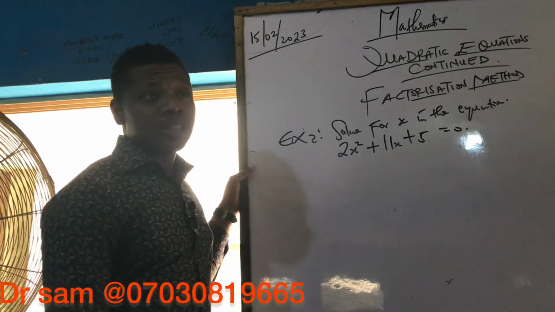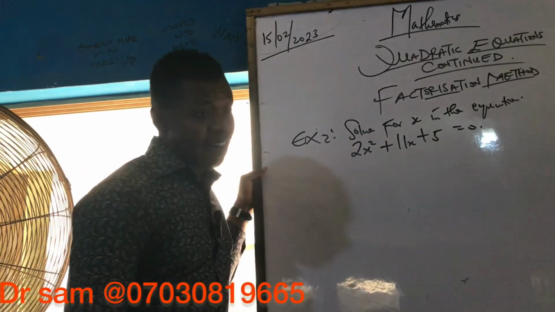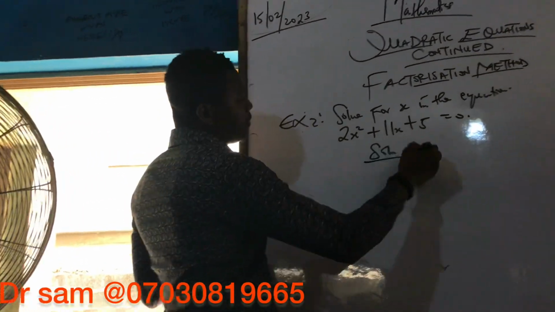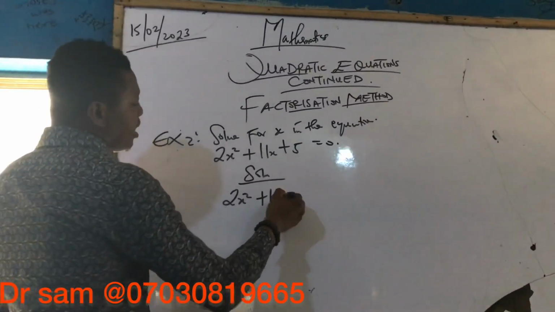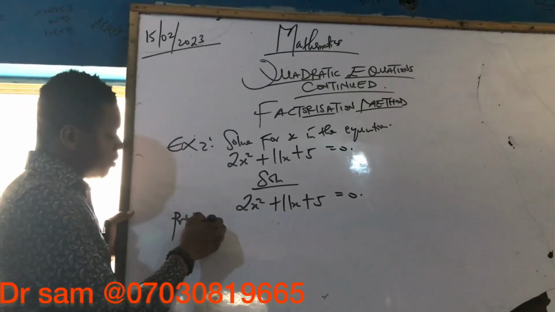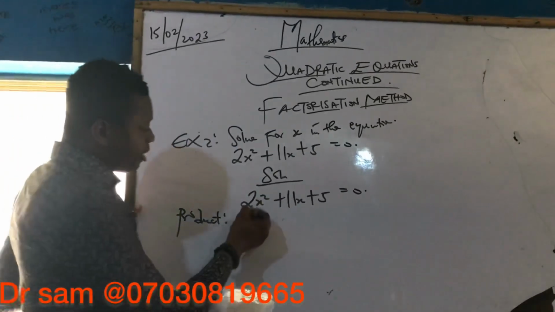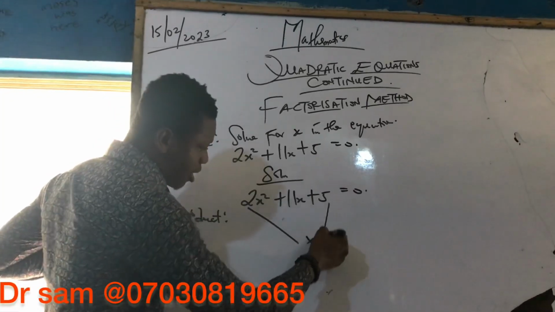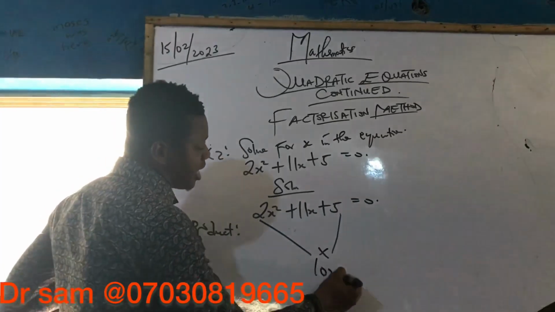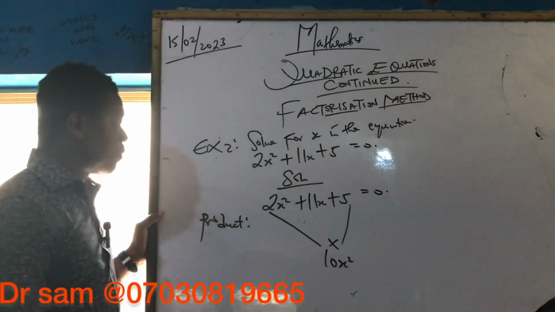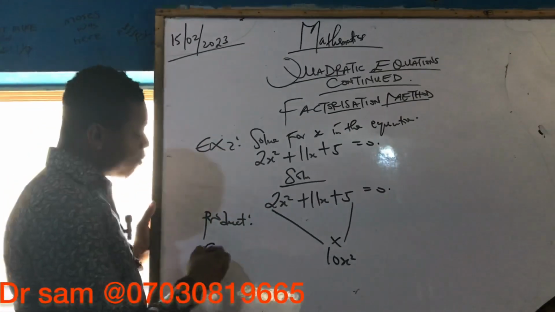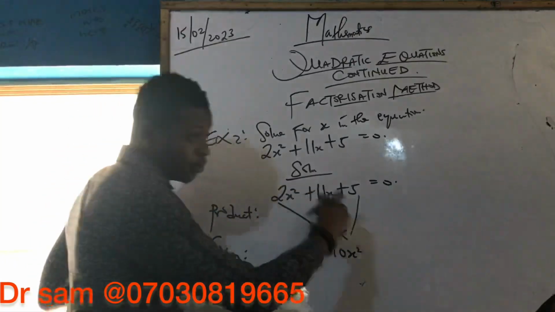Then the factors of the product that will give us the sum of 11x. Let's start. Solution: 2x squared plus 11x plus 5 equals 0. Let's get the product by multiplying this pure quadratic by the constant. 2x squared times 5 gives us 10x squared. That's the first step.